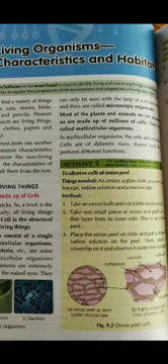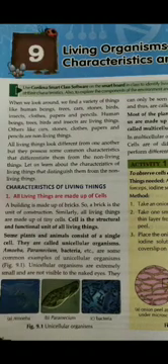Most of the plants and animals we see around us are made up of millions of cells. They are called multicellular organisms like animals and plants.